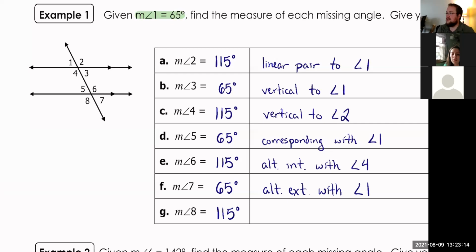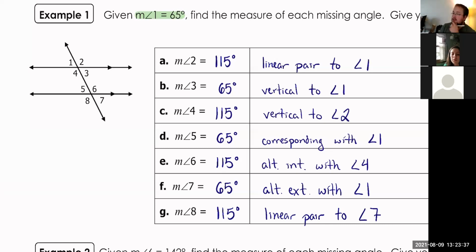There are only two values being tossed around this whole time. Couple options there. Just because it's been a while since I've used it, I'm going to say it's a linear pair with angle 7.